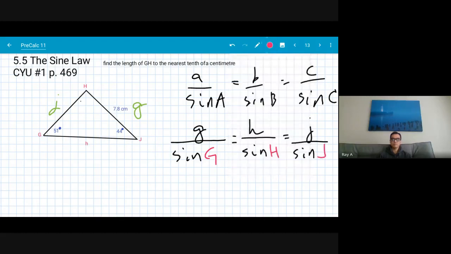As you can see, we have three fractions. We don't really need all three. We only need two.